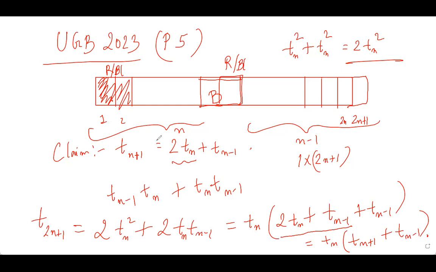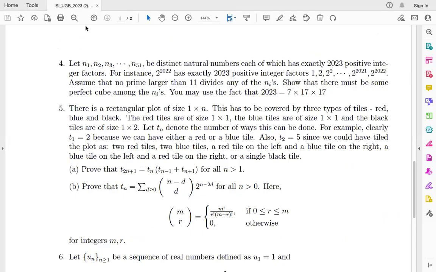Okay, now let's come to the second part. As I said, it's quite intuitive what we have to do. Here we have to prove that Tn is the summation over d greater than or equal to 0 of n minus d choose d, times 2 to the power n minus 2d.